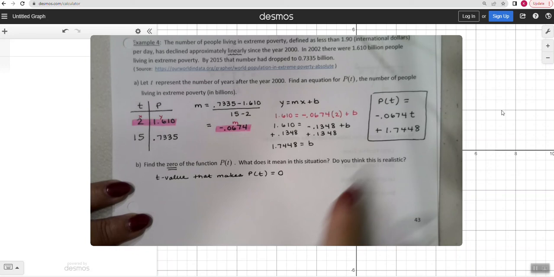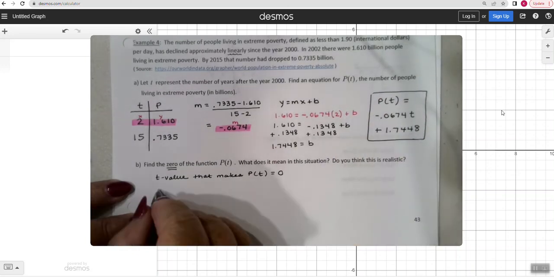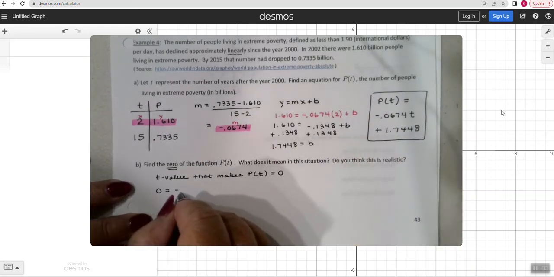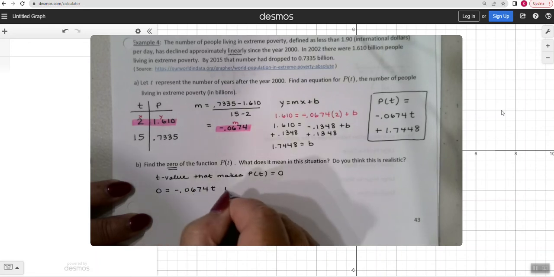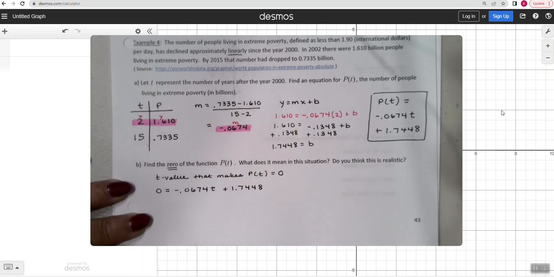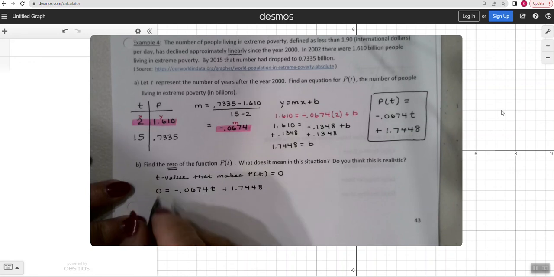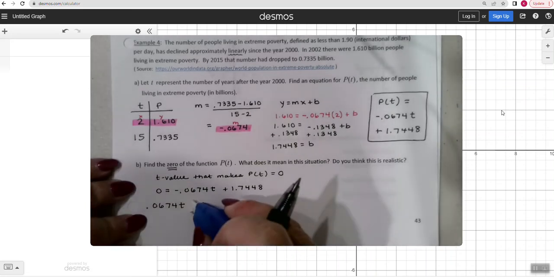So basically, I want to take my equation and put 0 in for p of t. I'm going to add the 0.0674t to both sides, but it makes it positive over here on the left.